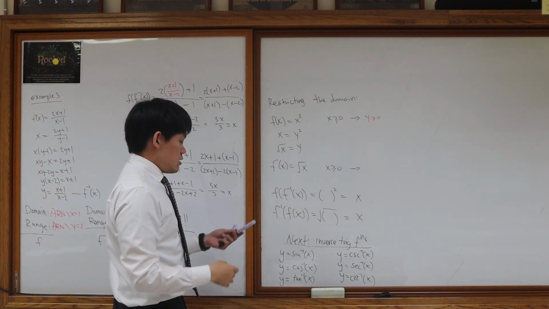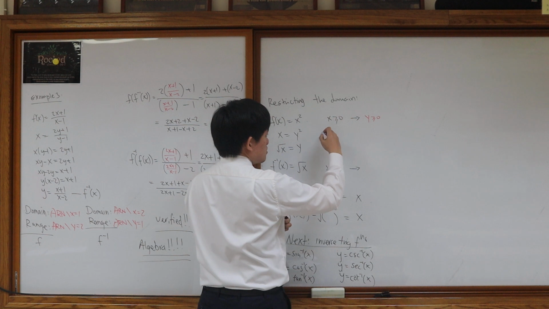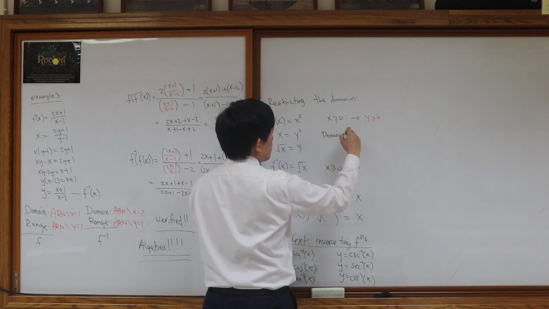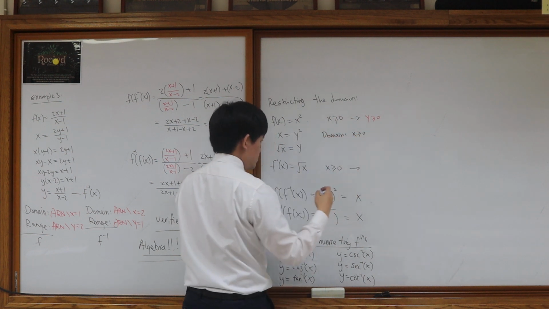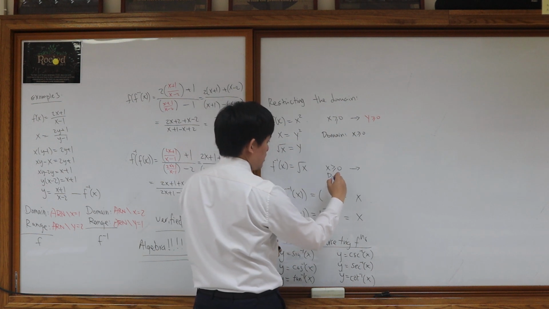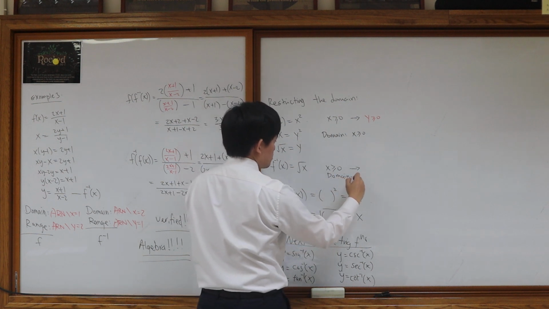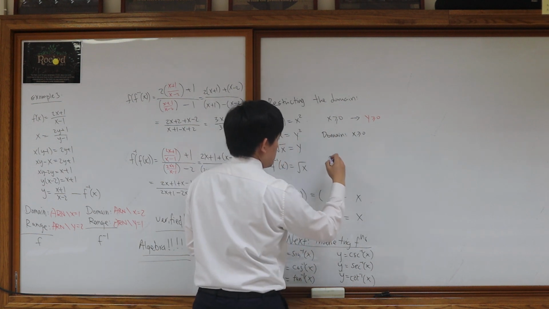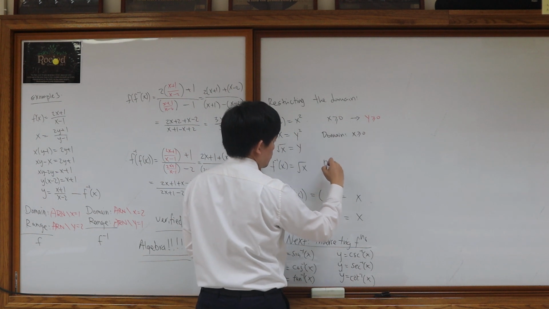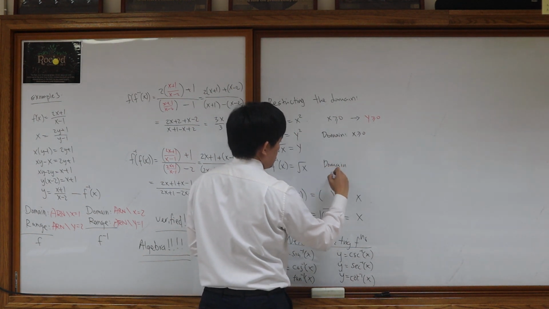So that means my domain here is x has to be greater than 0. That means my domain and my range, sorry, let me write that. My domain and range.